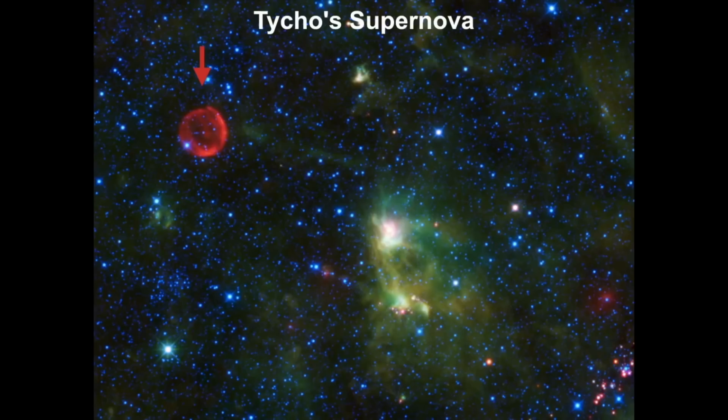That's because as the material from the supernova plows into the interstellar medium, it warms the gas and dust around it. There's a bunch of gas and dust that you can see in the nebulosity that surrounds it, and it's heating that gas as the supernova material plows into it and warms it up enough to see.